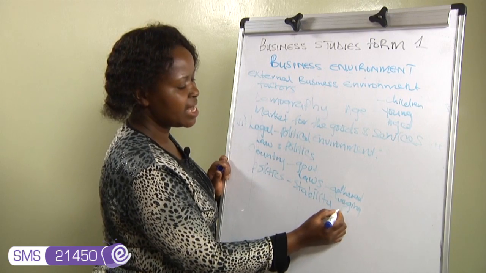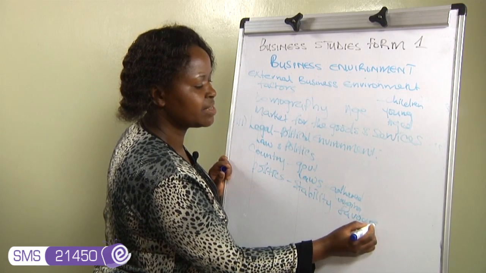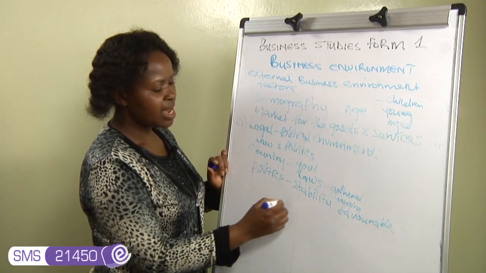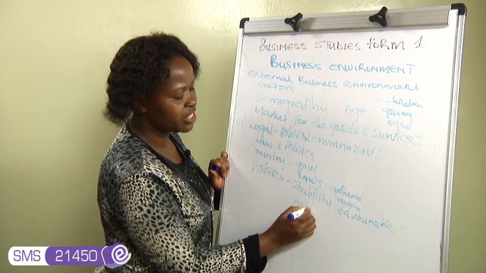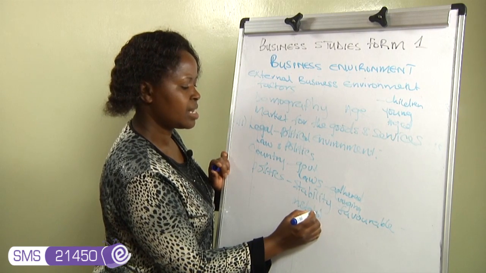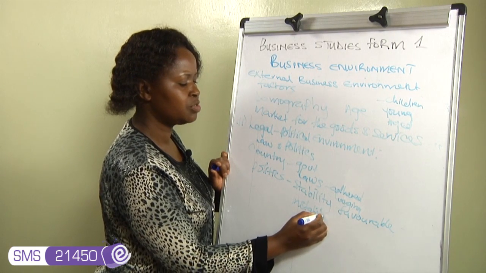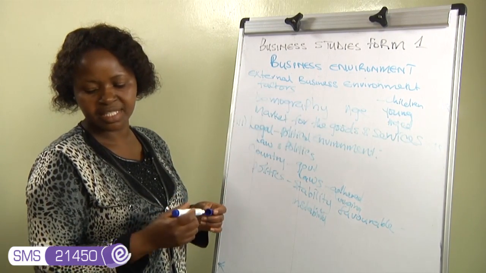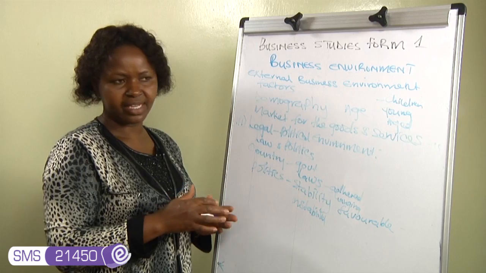It provides a favorable or conducive environment for the business to do well. However, if there is political instability, a business may not do well. It is affected by political instability negatively.